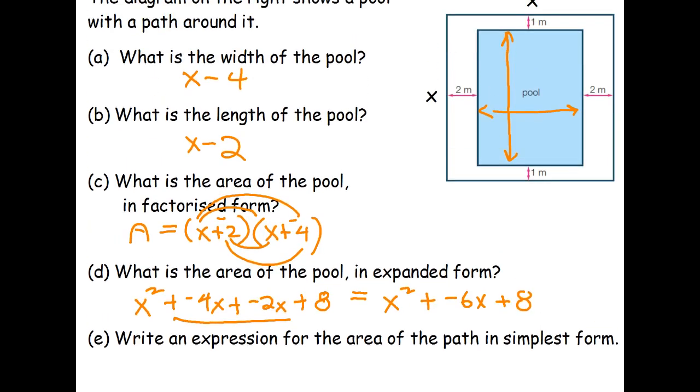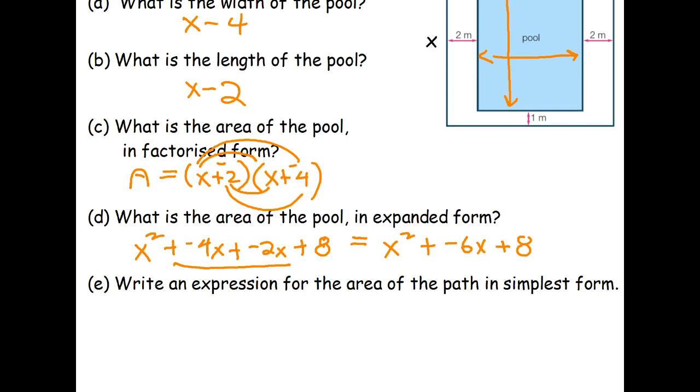So the area of the path, easiest if we think of it as being the entire area, which is the path plus the pool, and then subtract the area of the pool, and that will leave us with the area of the path. So I should put an A equals there. And area of the path in simplest form, well, the whole thing is x times x, or x squared.